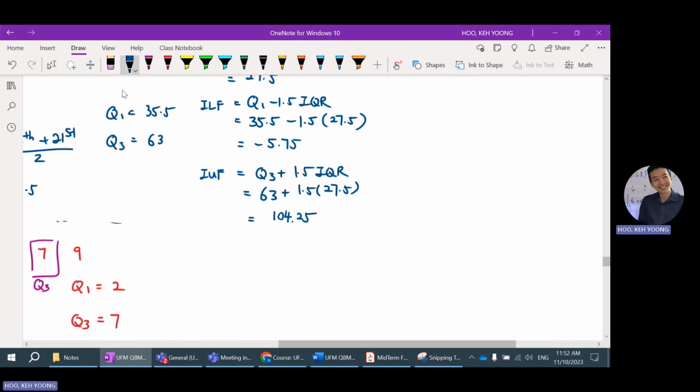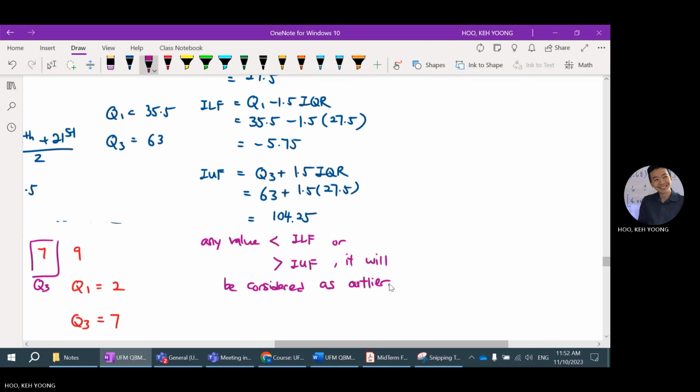So the rule here is that any value that is smaller than the inner lower fence or larger than the inner upper fence will be considered as an outlier.